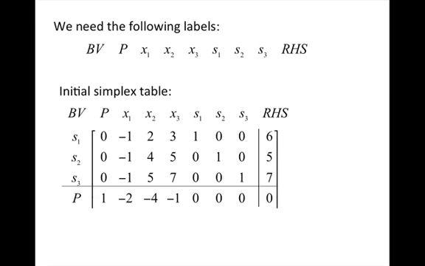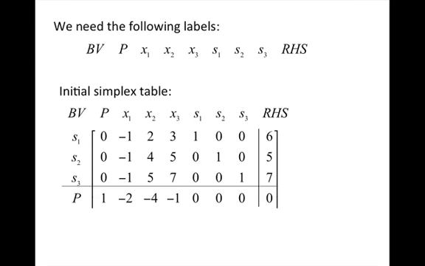Row 1 is 0, -1, 2, 3, 1, 0, 0, and that equals 6. Row 2 is 0, -1, 4, 5, 0, 1, 0, and that equals 5.